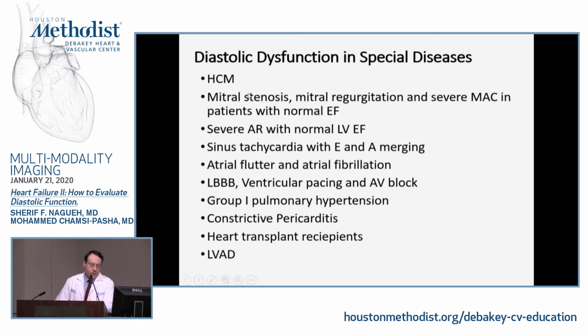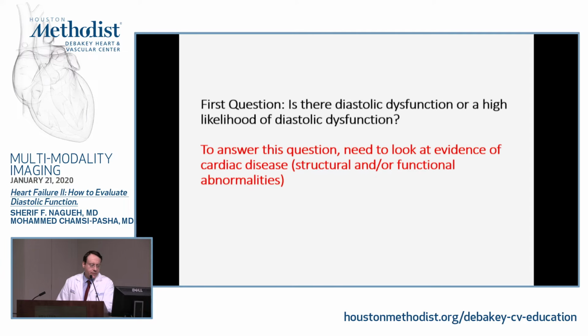But that doesn't mean we cannot make reasonable assessments of diastolic function and filling pressures in these populations. They have special measurements, or certain measurements carry more weight when we try to assess diastolic function in these situations. We'll not delve into these because of time reasons.